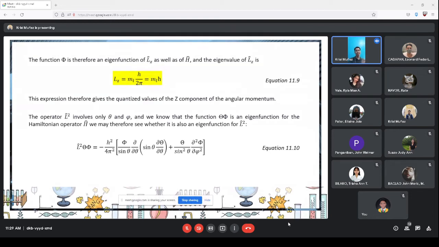So we're done with proving that the Hamiltonian operator and the angular momentum operator along the z-axis are indeed commuting, right? So we just have to look if the L squared hat is also commuting with them.